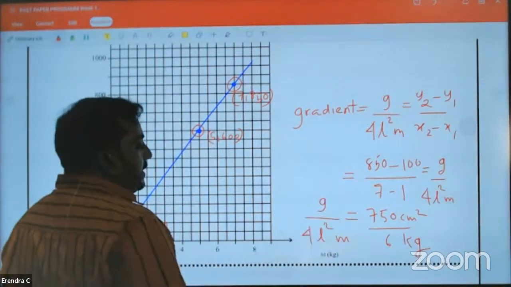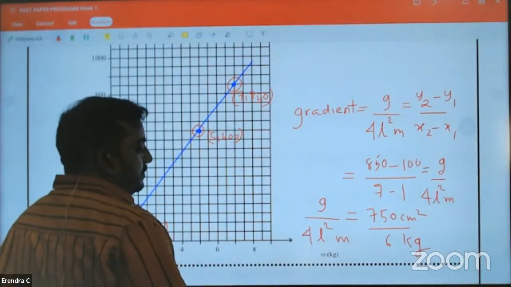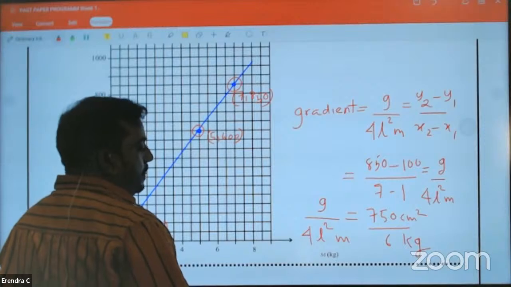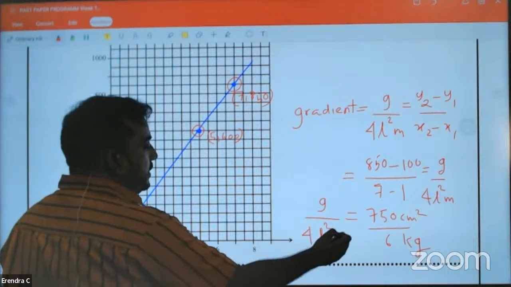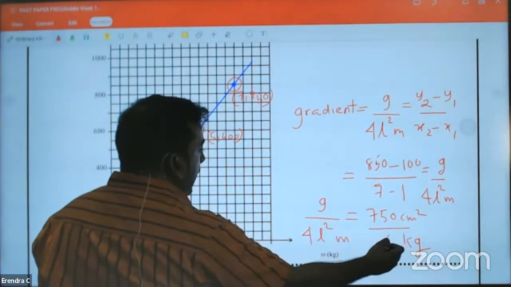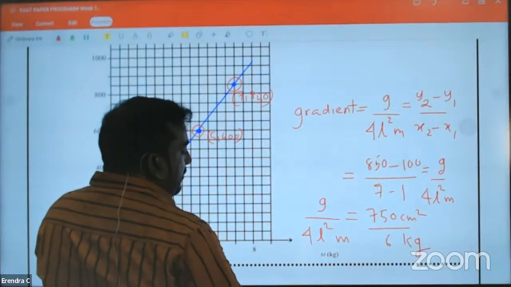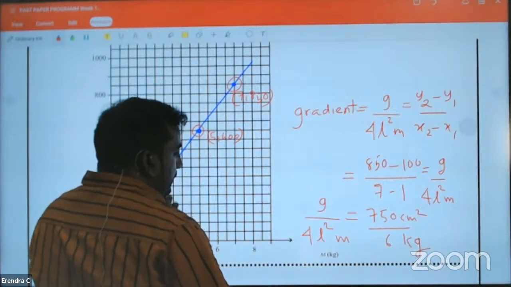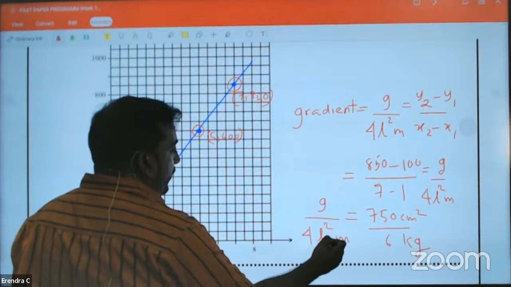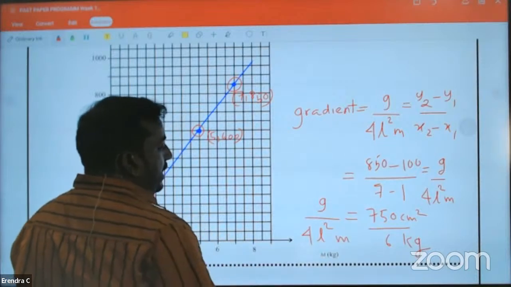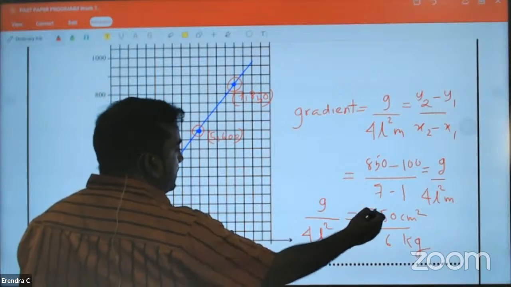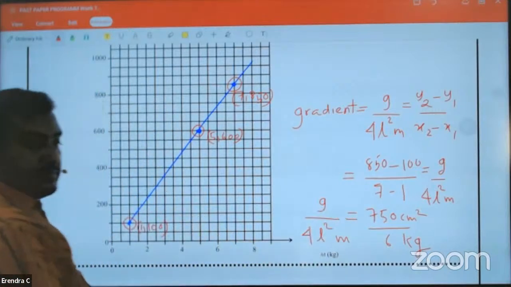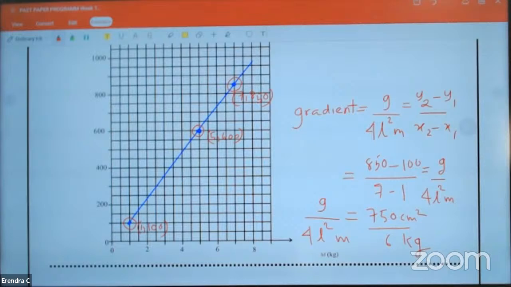Now g is 10. How will you simplify this? Small m, with 4L squared at the bottom. If you want to find small m, make small m the subject. Small m the subject means 6g divided by this comes. From there, you can find the required answers.